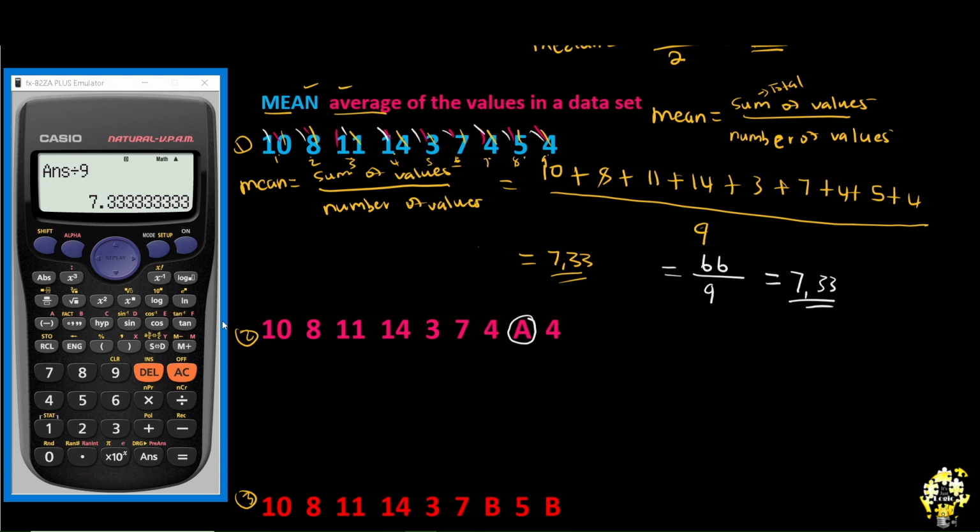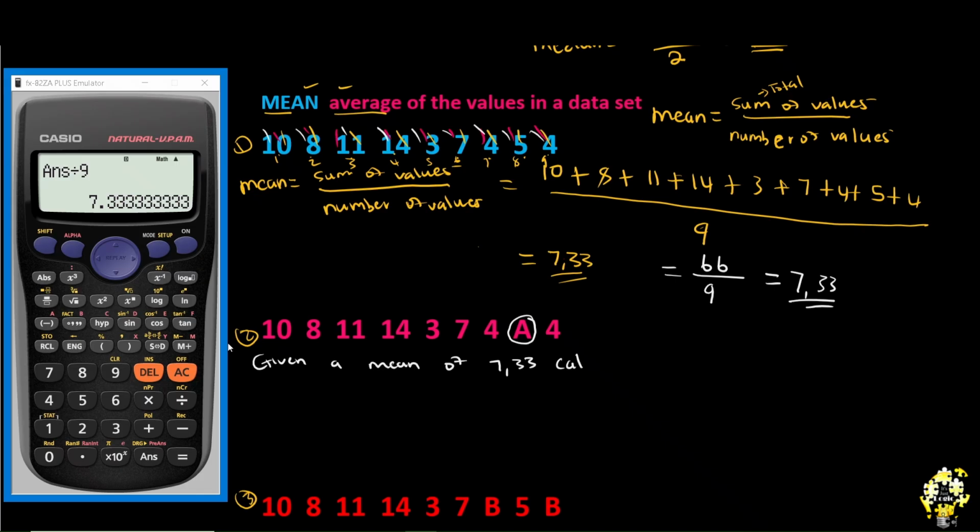Now, a question with this regard can say, now pay attention to what the question is going to say. Given a mean of 7.33, okay, they would have rounded it off to two decimal places as well.